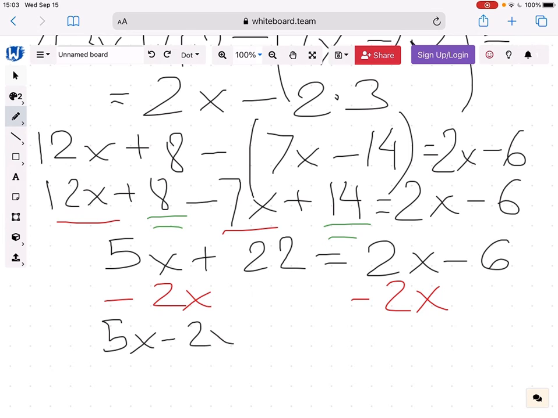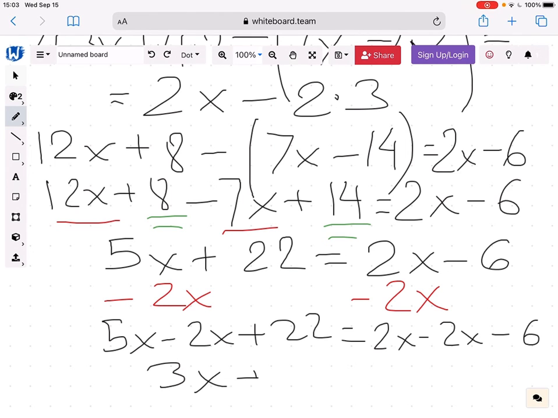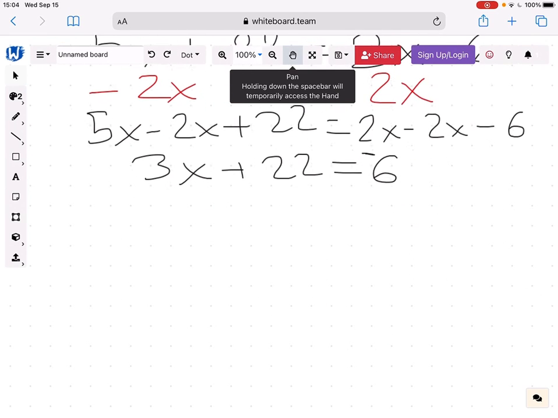And that gives us 5x minus 2x plus 22 equals 2x minus 2x minus 6. 5x minus 2x is 3x plus 22. And we have minus 6 on the other side. All right.